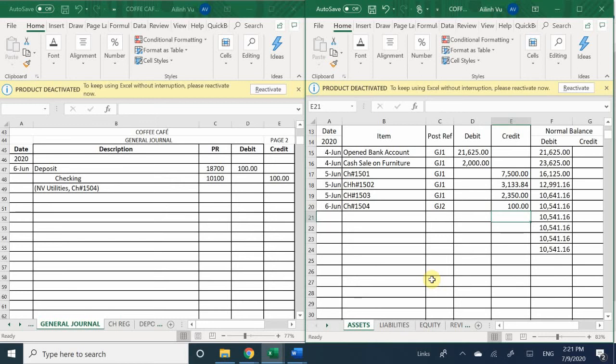Where are we? Just a minute. We're still in our general ledger, right? Yes. But we're on checking, correct. Looks like it's already been calculated. 10,541.16.